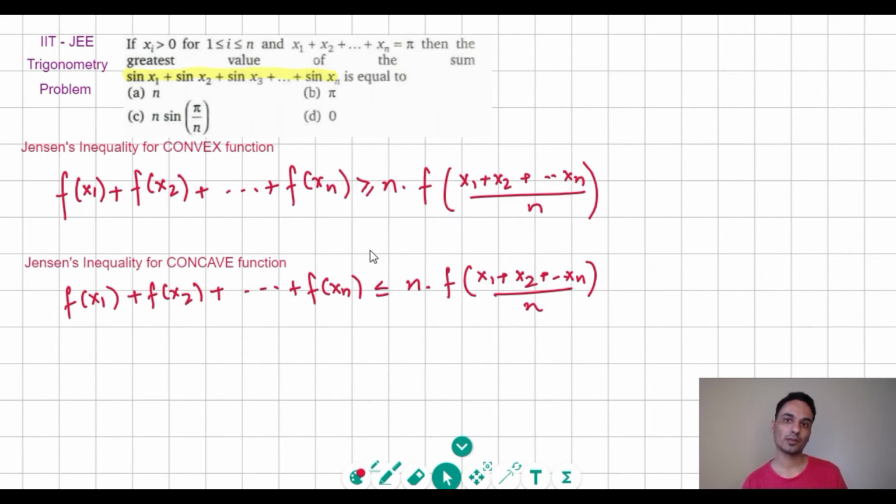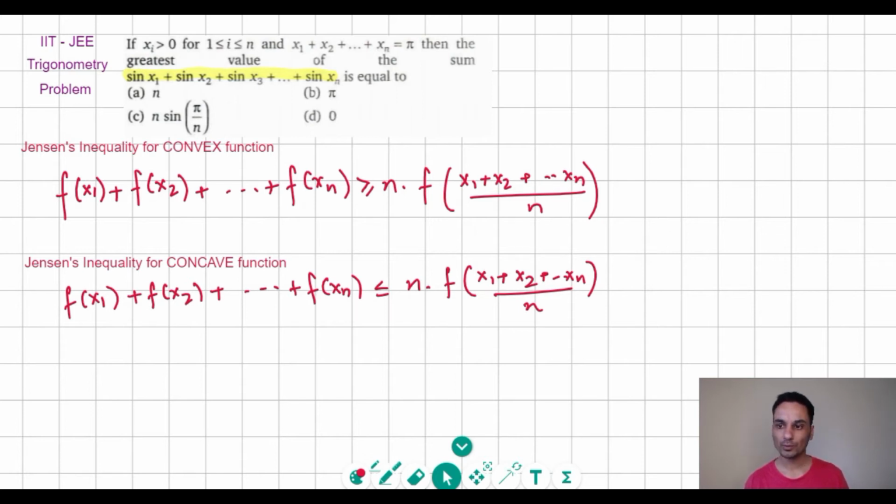And if it is a concave function, then f of x1 plus f of x2 and so on up to f of xn is less than or equal to n times f of (x1 plus x2 plus so on up to xn) divided by n.